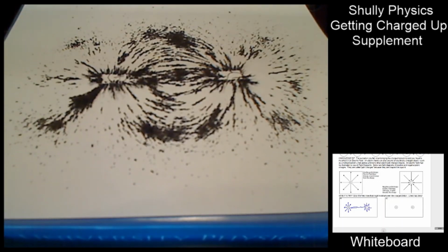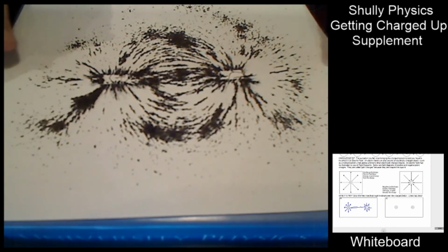So they kind of swoop out. It's kind of hard to see out here. It gets very weak. But way up here it actually does kind of curve around a little bit. It's just very weak. It's hard to see that action up there. So let's finish this up.